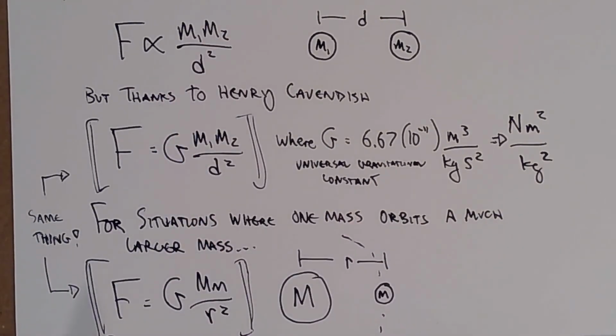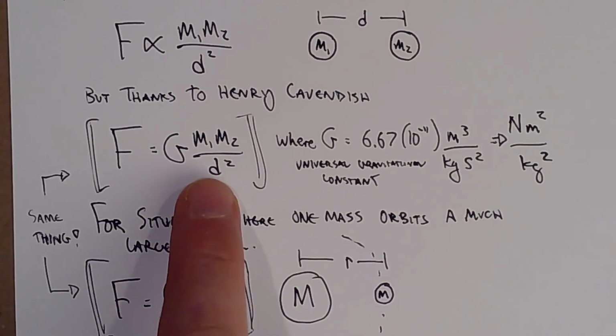Those sometimes get dropped and lost and switched around. So a lot of times we have a situation where we have a large mass and a smaller mass. Now this could be a planet and its moon. This could be the sun and a planet. Doesn't really matter. I just usually consider capital M to be the larger object and lowercase m to be the smaller object, the less massive object.